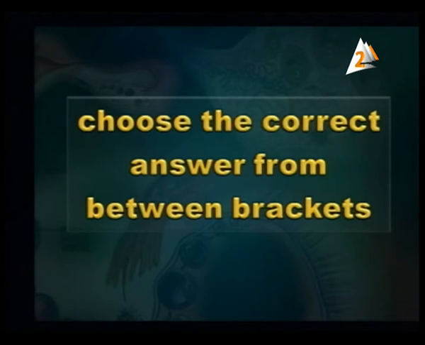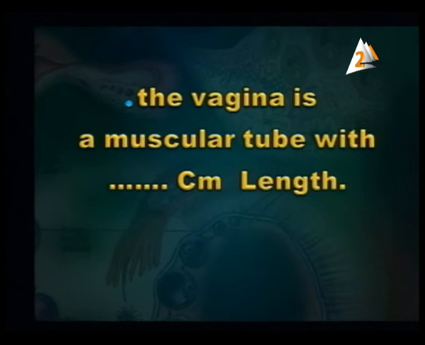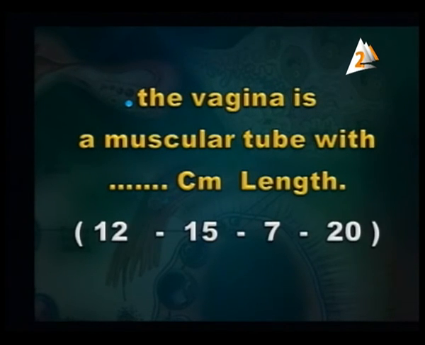Choose the correct answer from between brackets. First, the vagina is a muscular tube with a length of 12 centimeters, 15 centimeters, 7 centimeters, or 20 centimeters. It is 7 centimeters. Very good.